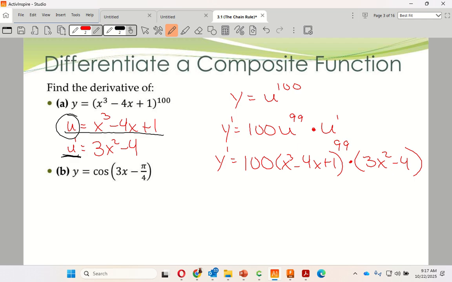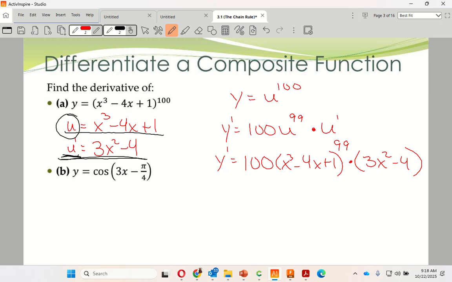Okay. The next thing after that, since I did that and I had u, then it's times the derivative of what I replaced it with, and that's this thing right here. So u is just putting inside the parentheses, right? Yes, the complicated part. Why is it not just 100 u to the power 99? Why is it just that?